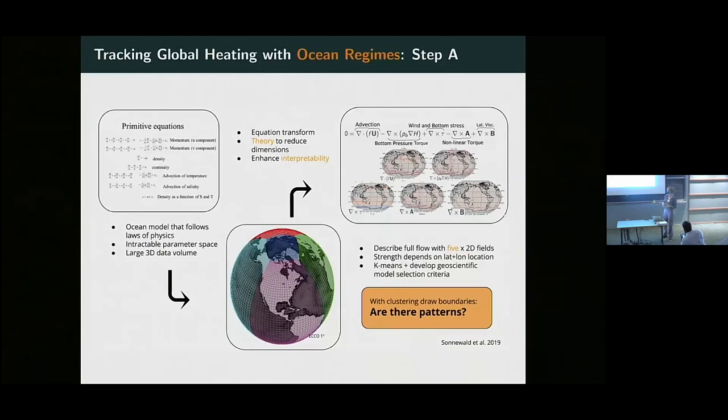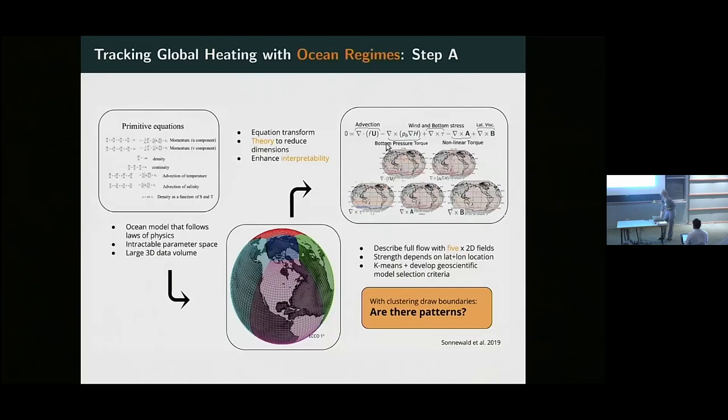So initially, we say, okay, what do I need to make this interpretable? What do I need to be able to say I can find distinct balances within all of these messy equations? Doing this, I performed an equation transform, depth integrating and taking the curl of the momentum fields. So using theory, we reduce the dimensions to enhance interpretability.